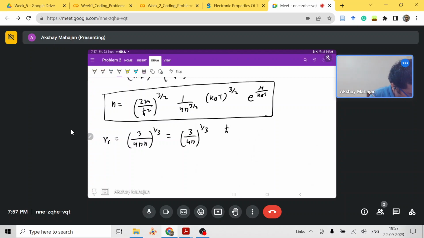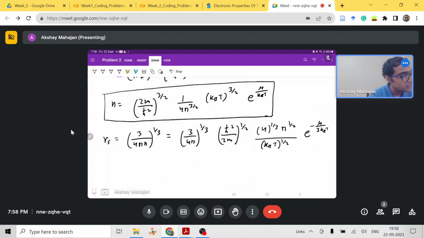So that is equal to (h-bar squared upon 2m) to the power 1 by 2, and then we will have 4 to the power 1 by 3 and pi to the power 1 by 2, divided by (kBT) to the power 1 by 2, and it will be e to the power minus mu upon 3 kBT.